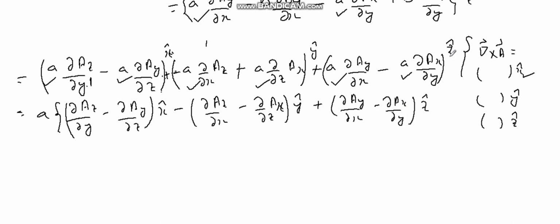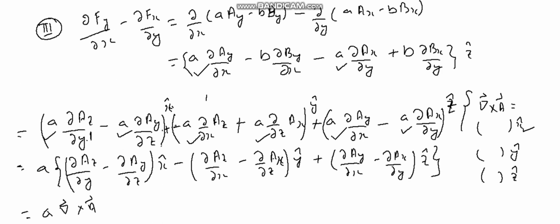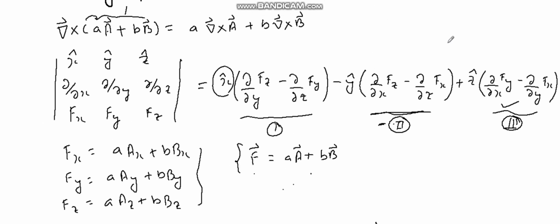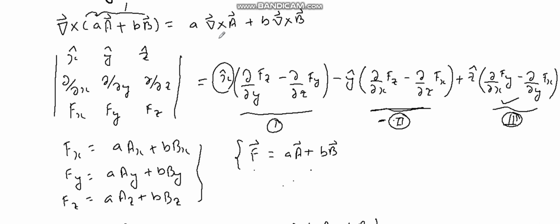So this is z actually. Yeah, and a is obviously common out. So a times del cross a. So we have figured out the first term in this RHS.